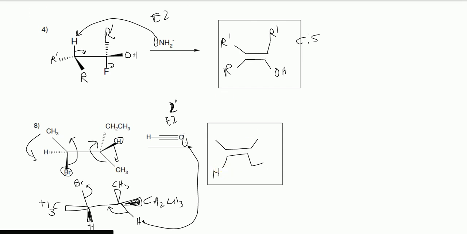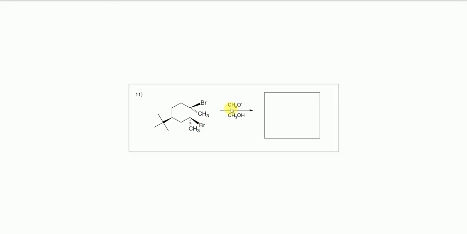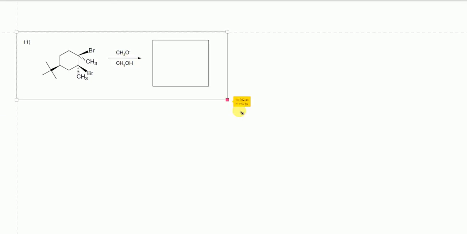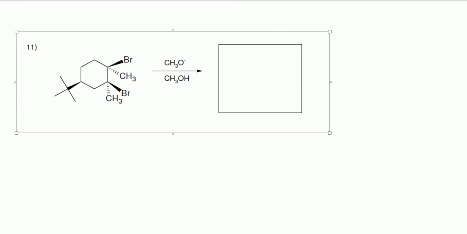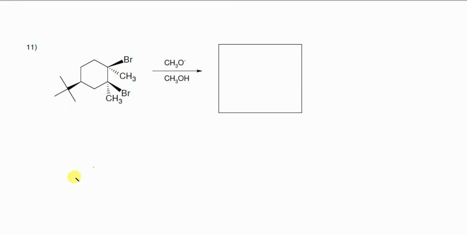Now let's look at when it's on a ring. Okay. When it's on a ring, we have to consider what we call 1,2 transdiaxial. And I'm just going to give the craziest example that I can find, right? So I have the 1,2 transdiaxial that I have to consider.